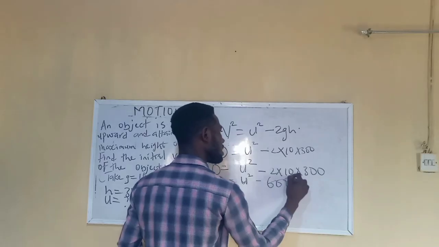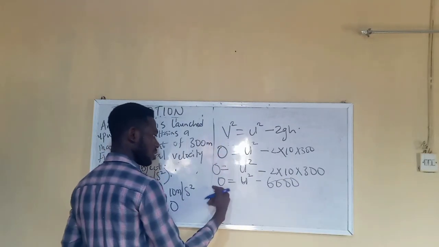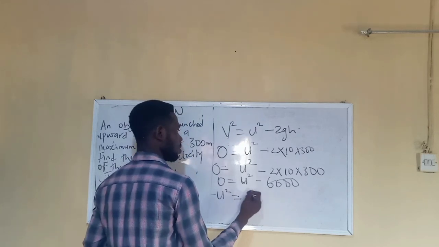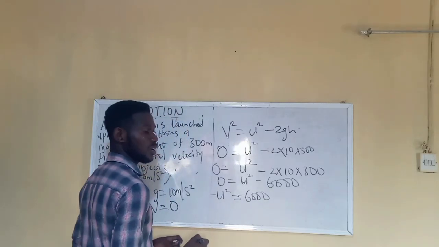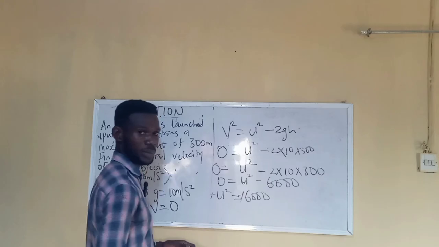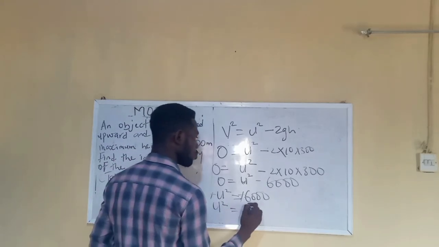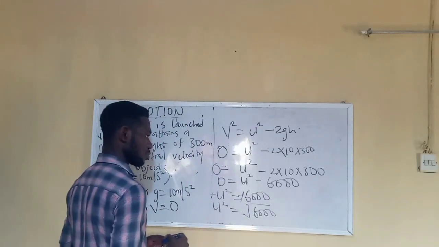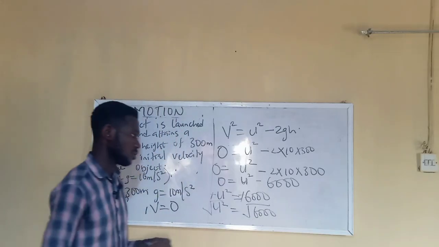minus 6,000. Then when you take this to the other end, it becomes minus u squared equals minus 6,000. Now, minus would cancel out the minus. So that means you would find the square root of u squared, and the square root of u squared is root 6,000.